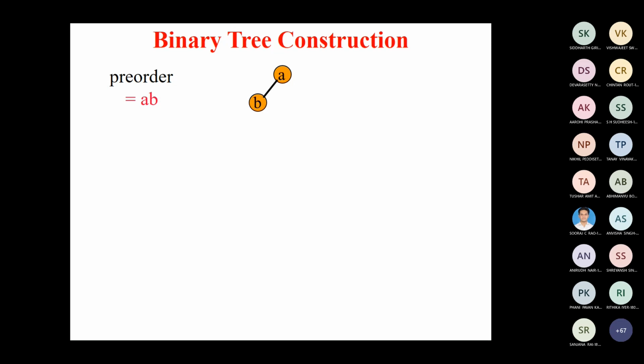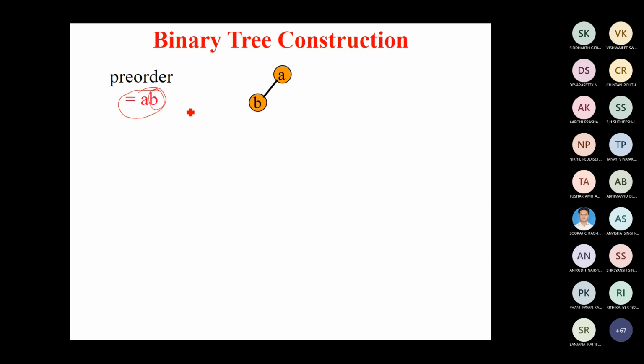Say, for example, I have been given a pre-order output. Okay, this is the pre-order output. I know that in the case of the pre-order output, the first node is always the root node, so I can build the tree this way. But the question arises whether B is a left child or the right child.